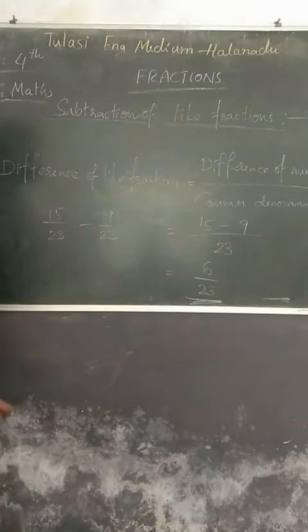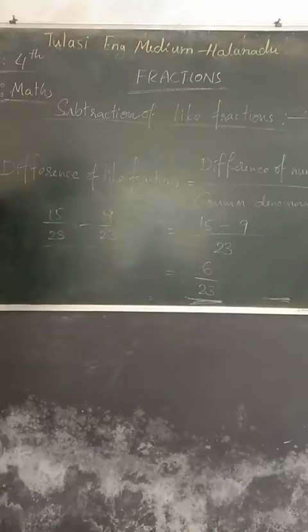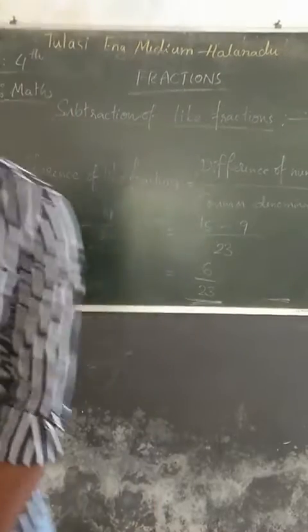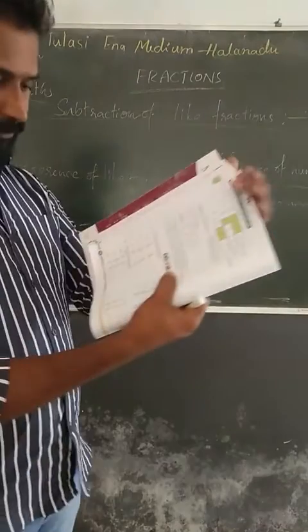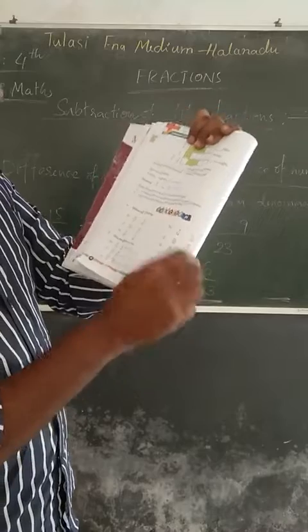In the subtraction of like fractions, only two fractions you can subtract. I mean, we have to find the difference of any two. Same way you can find the difference.